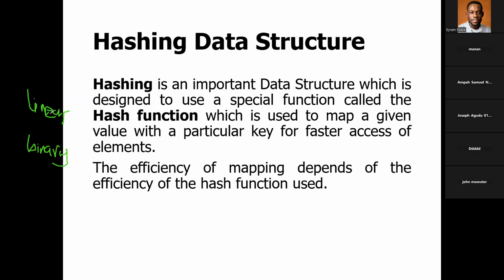Then we have the binary search, which divides the list or the array into two and searches for the middle value. It compares if the middle value is the same as the key value. If it's not, it moves to the left side or the right side of the list based on the value.